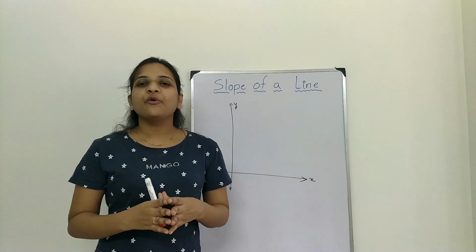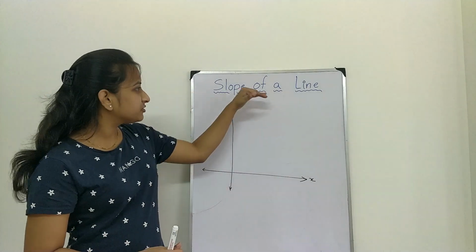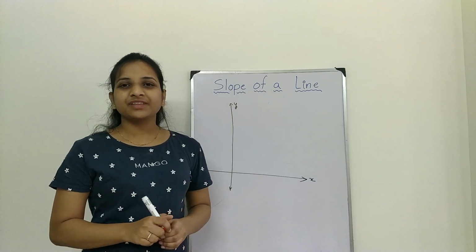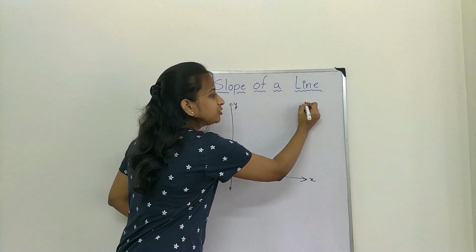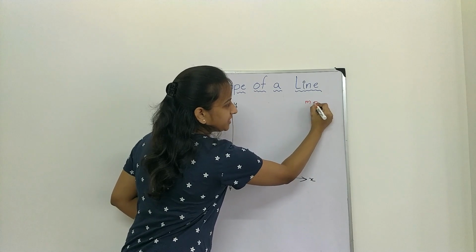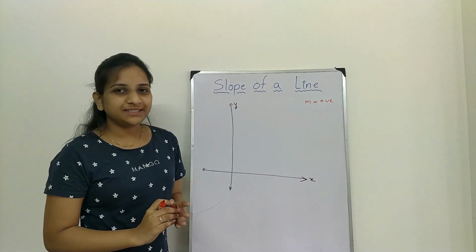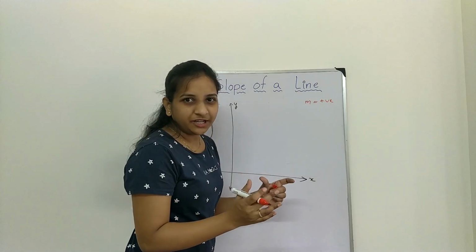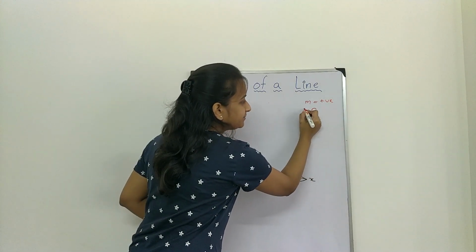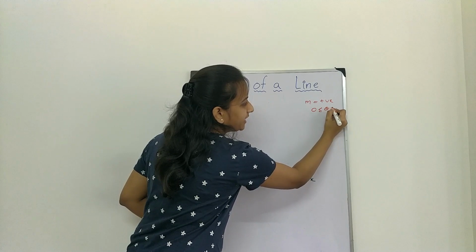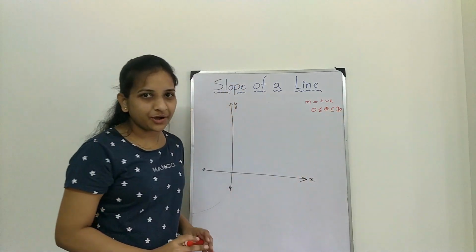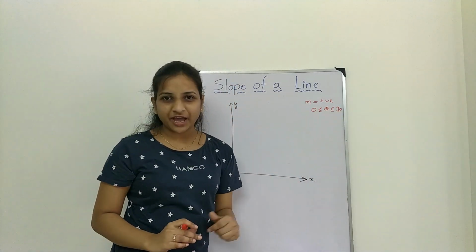Now let's see what is the significance of the slope of a line. If the slope of the line is positive, it means tan theta is positive, which means theta is between 0 and 90 degrees. Okay, this much information we have.